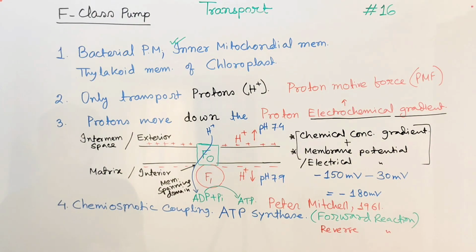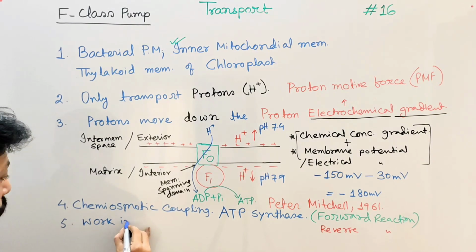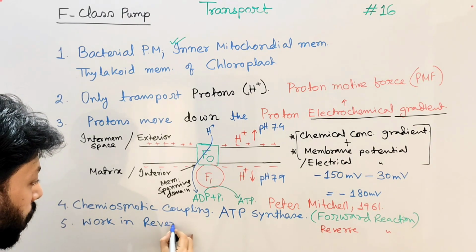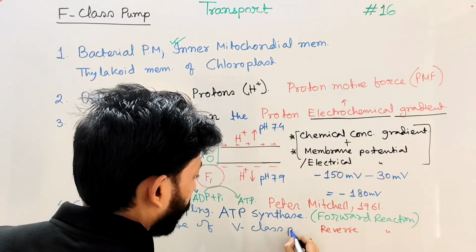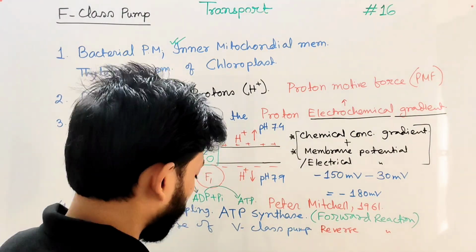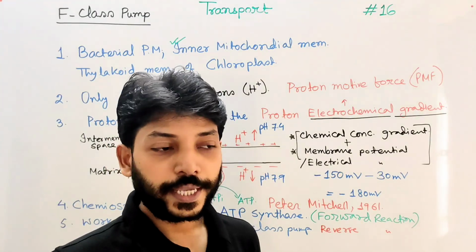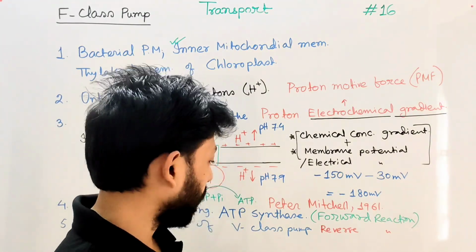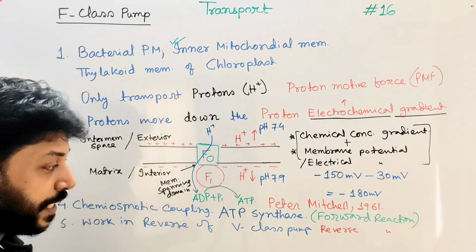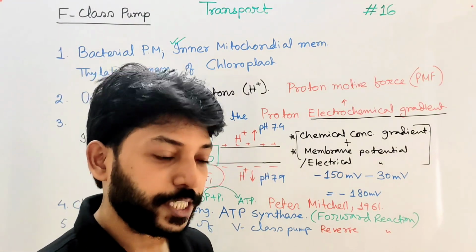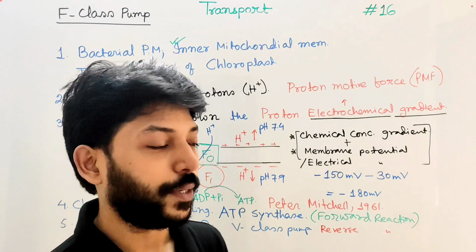The last point I want to mention here, that is the fifth point, is that this F class pump works in reverse of V class pump. I have made a separate video on V class pump, and in that video I have mentioned that V class pump also transports only protons, but there is a difference between the V class pump and F class pump.